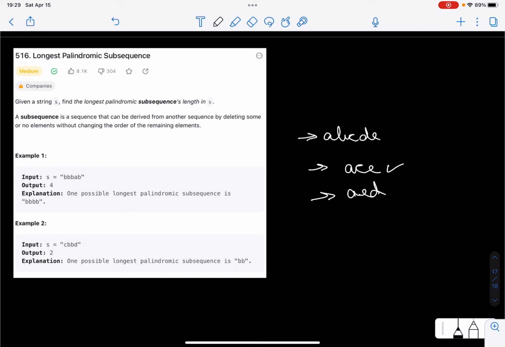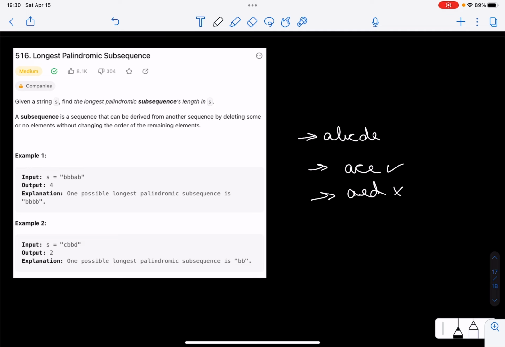So, therefore, AED is not a subsequence of ABCDE because although AED contains characters from ABCDE, the order isn't maintained. In this string, E appears before D, but in the given string, E appears after D. So, since the order isn't maintained, it's not a subsequence.